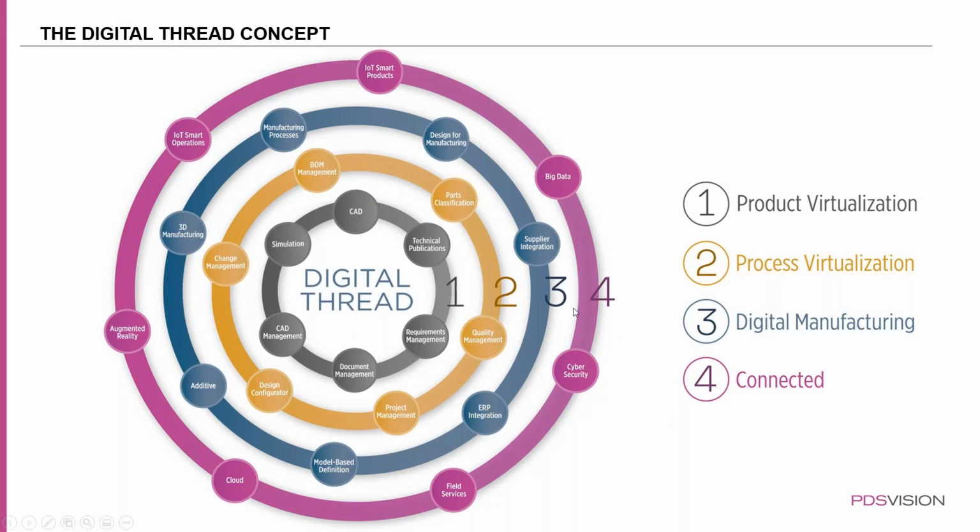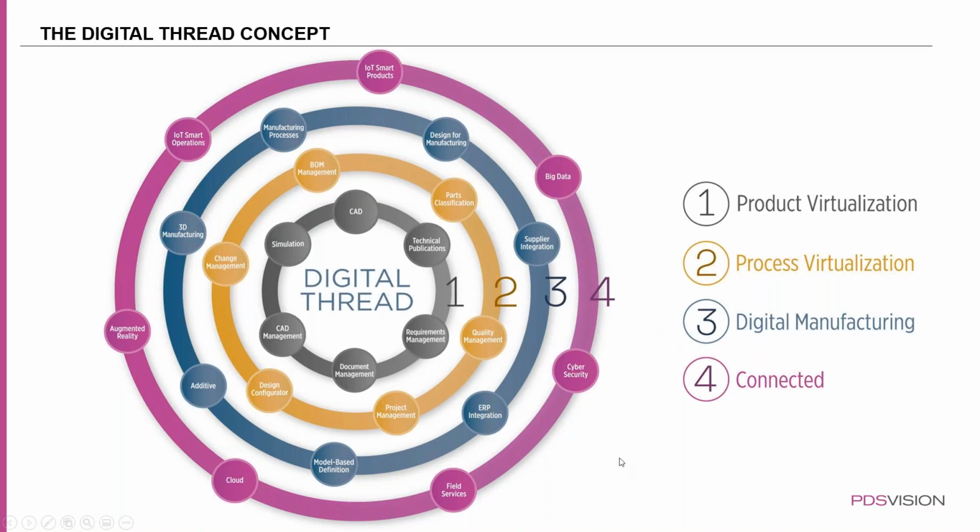And again, as the process matures, you'll then branch out to the 3rd ring in here, where you also manage your manufacturing processes, and also integrate the system with other tools such as ERP systems. And then eventually the 4th and outer ring, which is the connected ring.